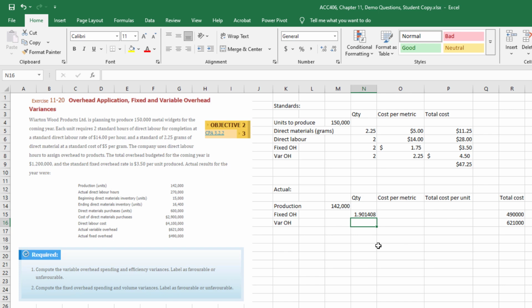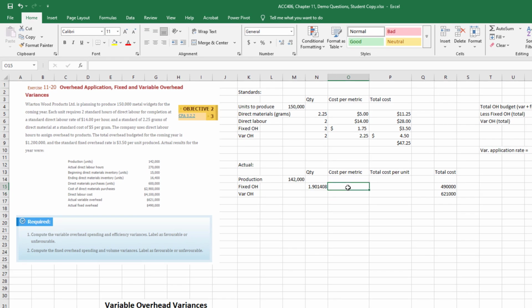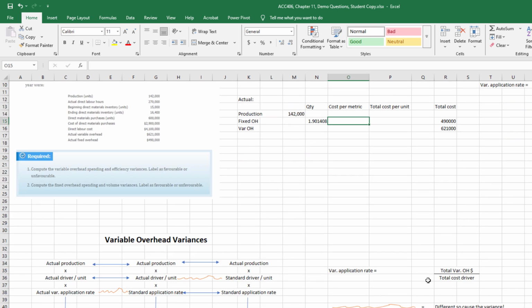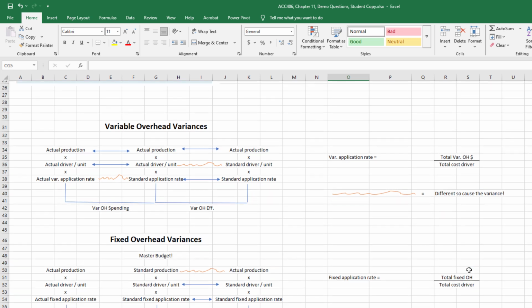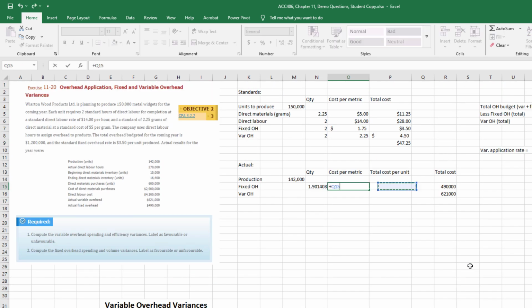That's direct labor hours. Now, I want the application rate. We know how to calculate this. It's the total fixed overhead, actual cost, divided by the total cost driver, which is direct labor hours. We're going to take the total fixed overhead and divide it by the total direct labor hours, which we already know, 270,000.